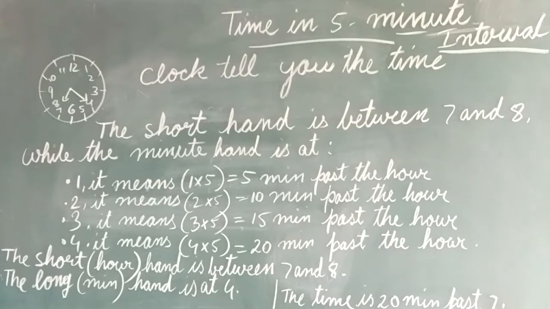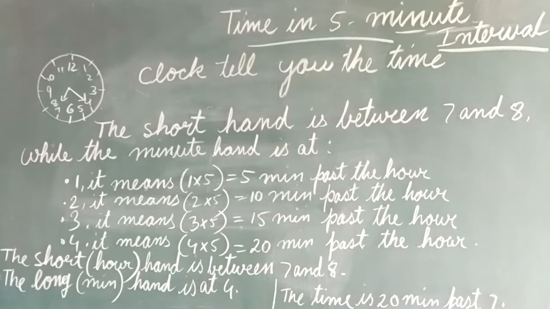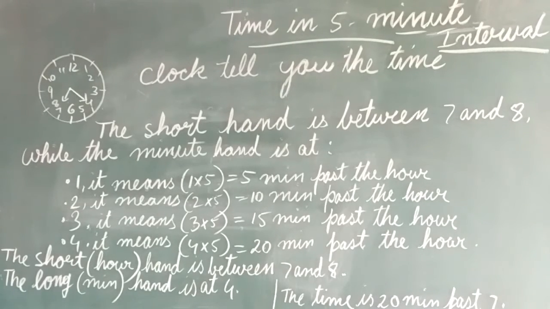And if it is passing 4 times 5 minutes, you say 20 minutes past the hour. Understood? So here you have seen one clock.